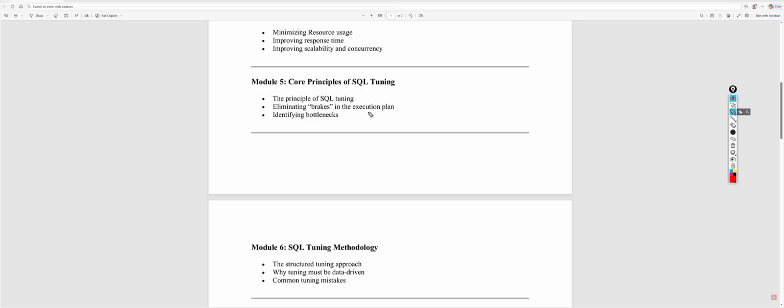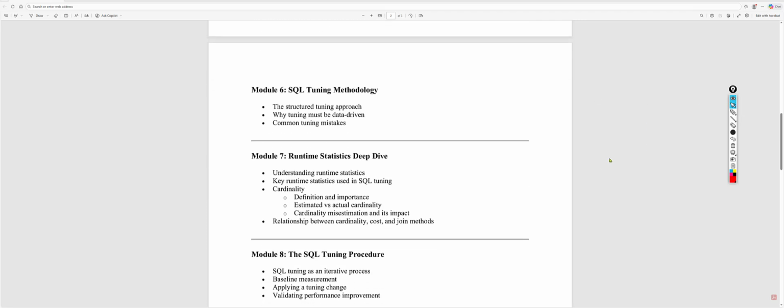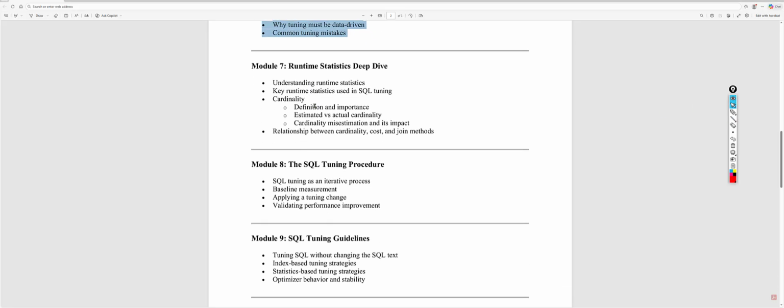First you need a high-level understanding of SQL tuning, then we will go into the practical lessons, okay? Then the methodology. What will be the standard methodology? There are a lot of different ways of tuning SQL, so I'm just going to explain one aspect, and that methodology will be explained in this session.